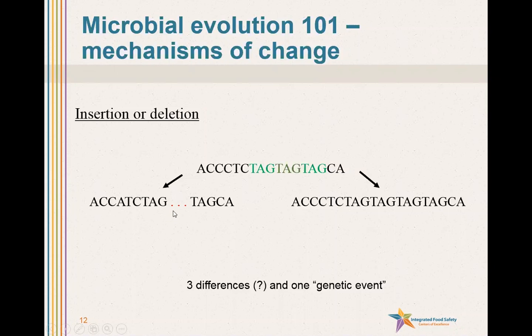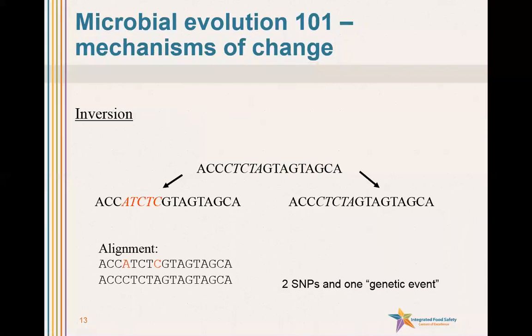Now that can be seen as one genetic event. We just dropped 3 TAGs during replication, but it also could look like, if we don't know that, as 3 differences. So we can start to see that one event may create more than a single SNP and can, in this case, create 3 differences.